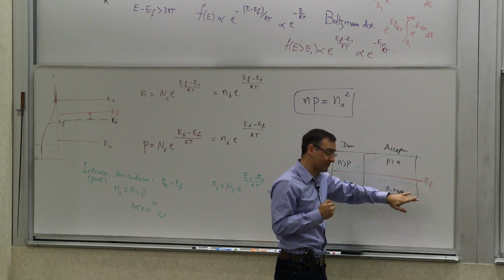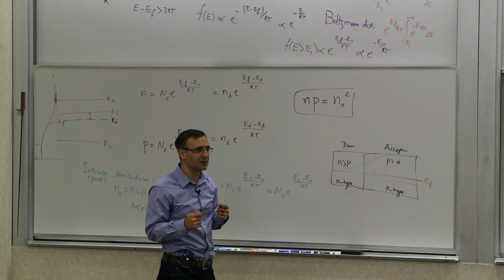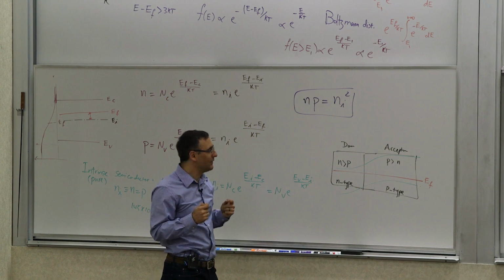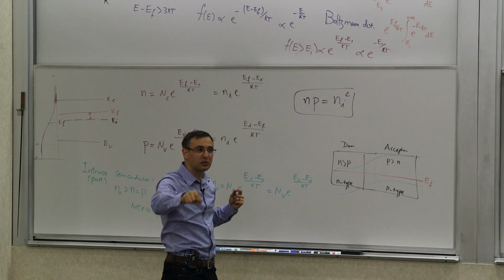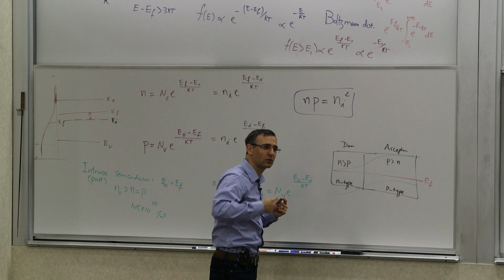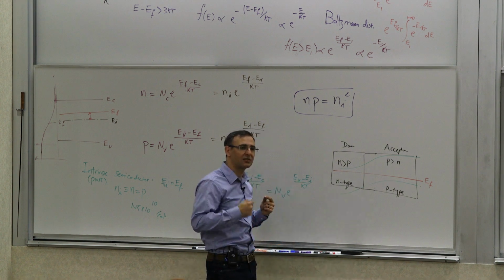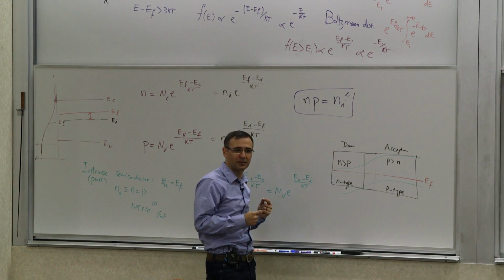Now, but if you, for example, have a current flowing through this, even if it's a DC current flowing through it, it is going to be in steady state. You can have constant current flowing. But because of that constant injection of energy into the system, you're not in thermal equilibrium.